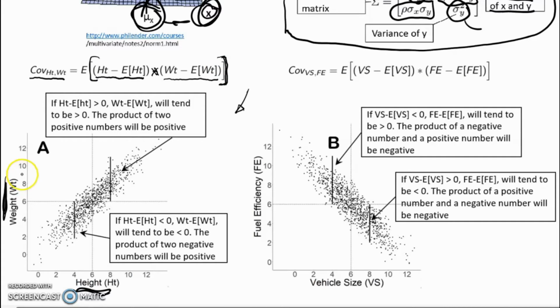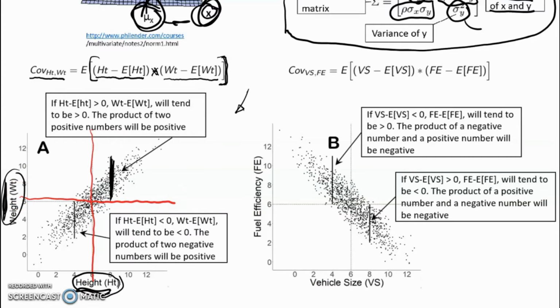So let's think of this weight relationship with height. If we think about these guys here, what I've drawn are these guidelines. There's the expected value of height. There is the expected value of weight. So if we think about these guys here, the difference between the observed values of height and their expected values of height is going to be positive.